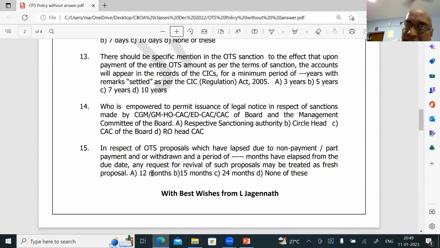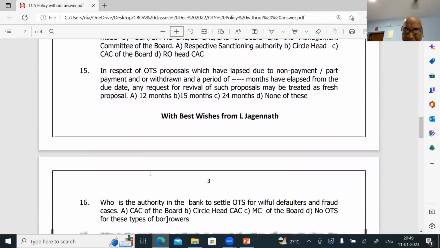You are given the sanction, you pay the money within 12 months. After the end of the 12 months, after another 12 months you can wait, then you have to go for a fresh one. Question number 15, answer is A.